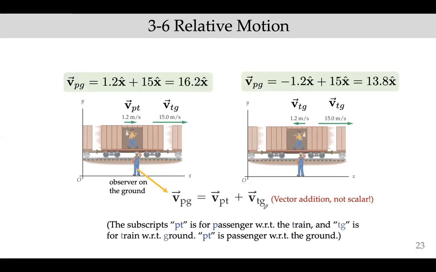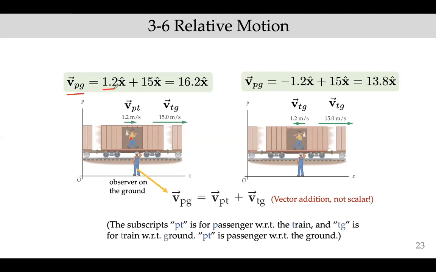Okay, so for this one, I'm going to add VPT and VTG, right? If I add these two velocities, it will give me the velocity of the passenger with respect to the ground. Now, what is the VPT vector?